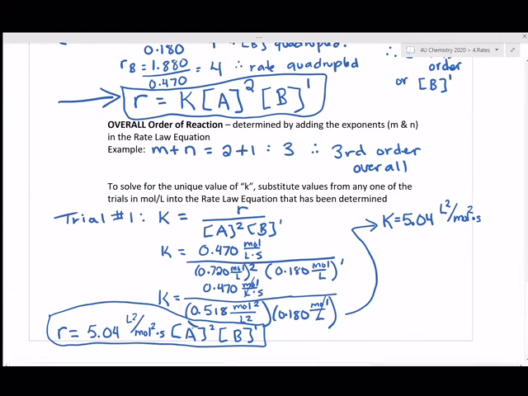Okay, so the A to the 2 and the B to the 1 will be consistent. It's this K value that could change a little bit day to day.